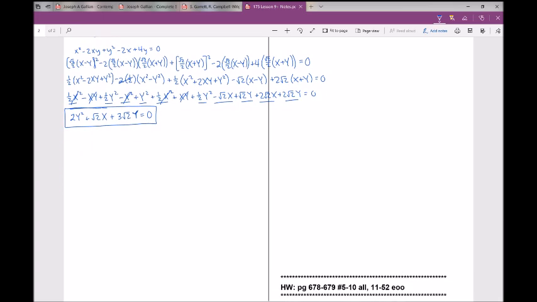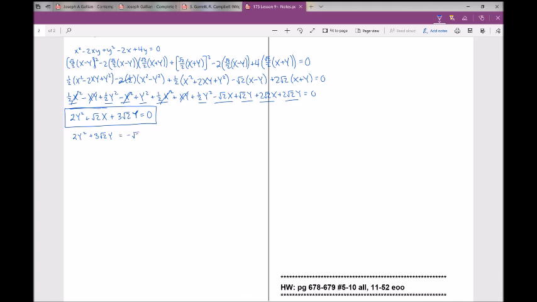So let's keep going a little bit more and try to get it into standard form so that we can actually graph this parabola. Okay? So the first thing I'm going to do is keep my y's on one side, and I'm going to move the x term to the other side.